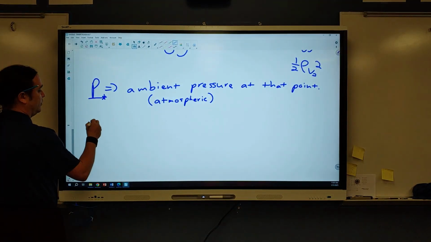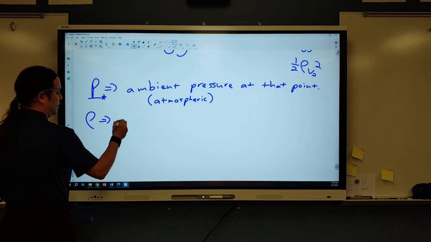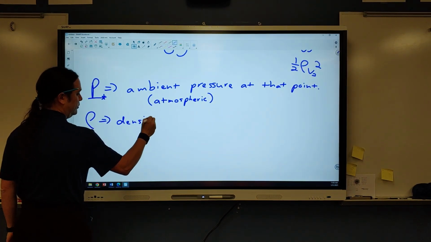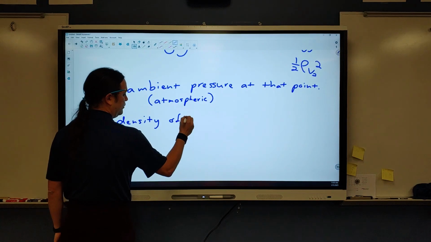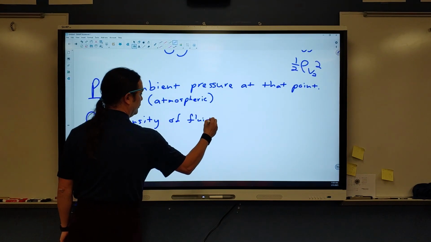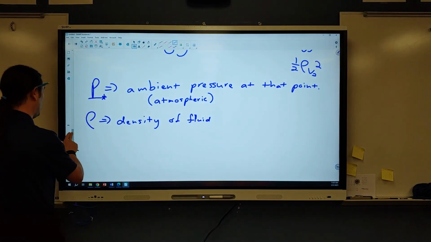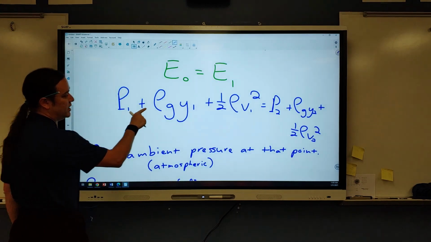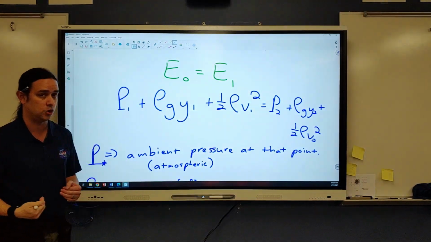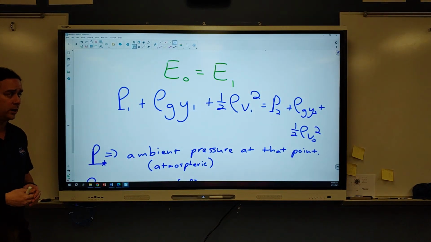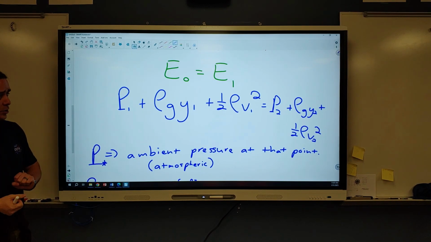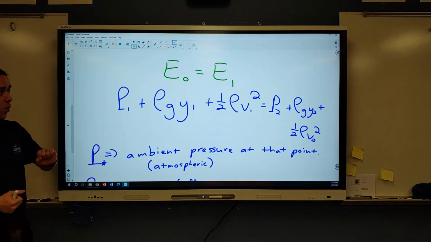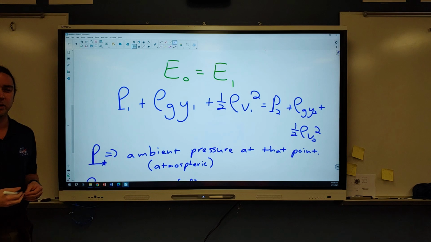Then the next term that we've got, rho, is the density of the fluid. And I do want to emphasize, while we have a bunch of spots for the density to go in here, we do not have it where the density should be changing, at least by my recollection on this. I think to have a changing density for Bernoulli, you might have to get a little bit more complex.